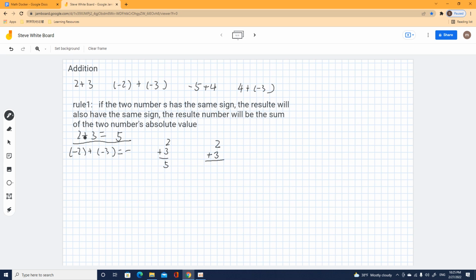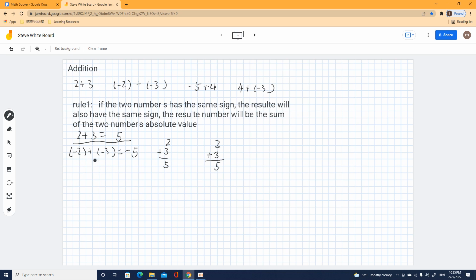Okay, so the result number should be 5, and the sign should be negative. So the final result should be negative 5. So that is for the two numbers having the same sign.